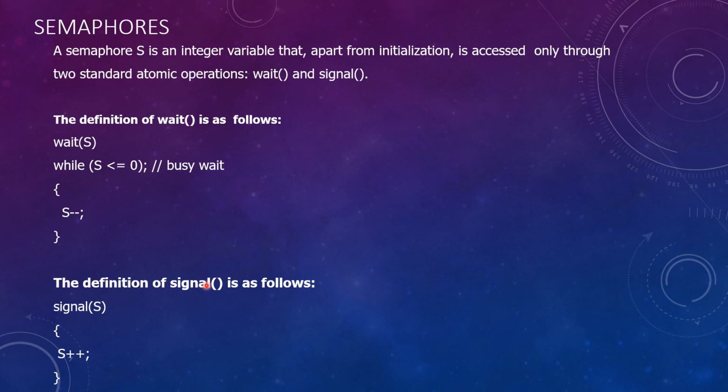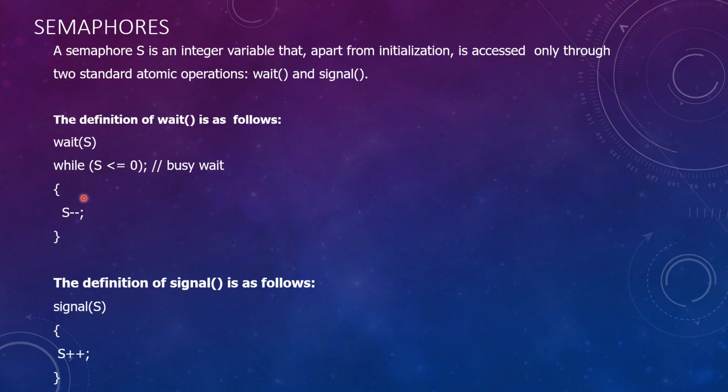I want you to consider S as the number of resources available in the system. By having this in mind, you can clearly understand the wait operation and the signal operation. So S can be mapped to the number of resources available in the system.